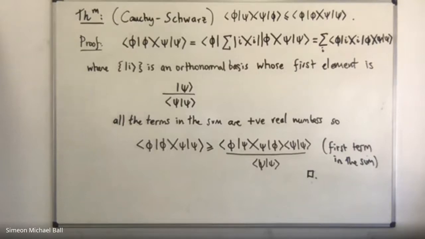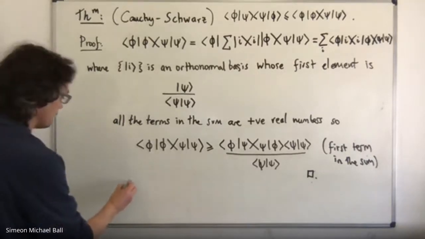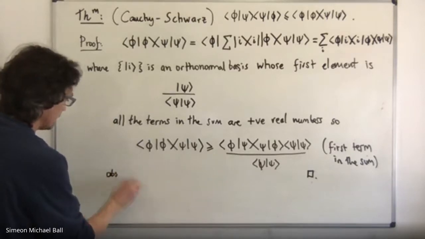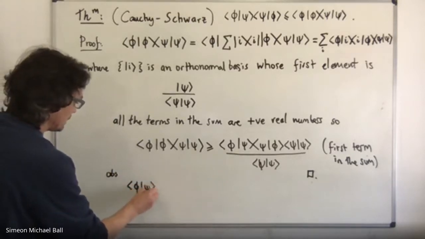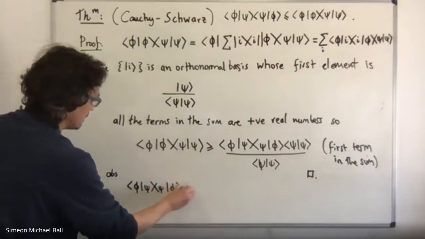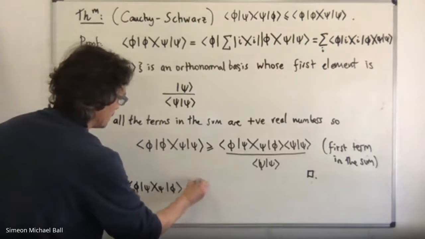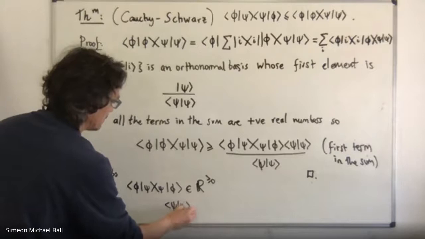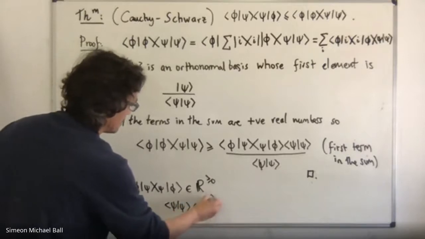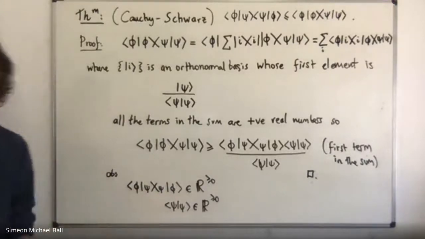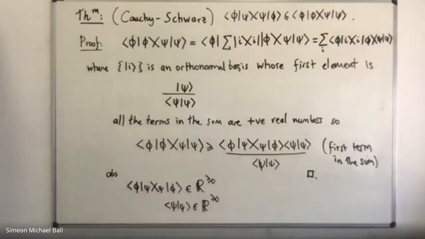Okay, so it's worth observing that, and we will use this a lot. This is just z times z conjugate, and this is the product of psi with itself.